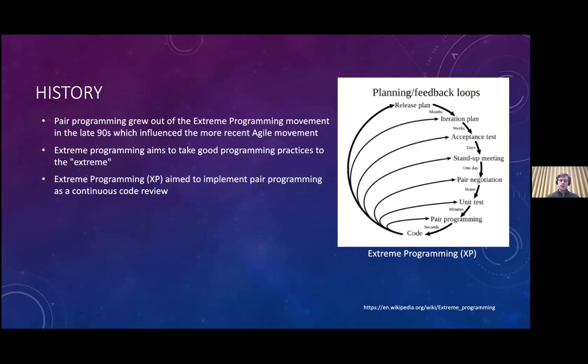So the idea is, if you think of how quickly you iterate your code review, you can go from a release plan all the way to just sitting in front of your code together. And that's kind of where the idea comes from. And it was, I guess, adopted into the agile movement through the extreme programming movement.